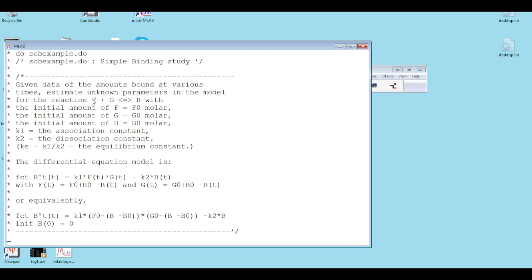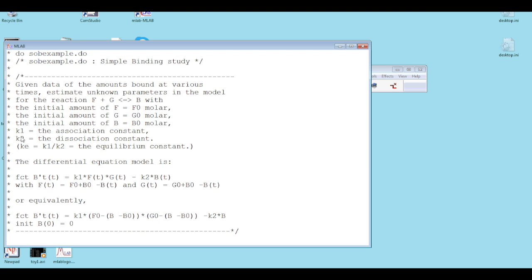Now, this reaction, F plus G goes to B, has an association constant, K1, which says how much the F and the G like to stick together to form a B. And there's another constant, K2, called the dissociation constant, which says how much a B molecule likes to come apart into an F and a G. We won't say anything here today about the units of these numbers, but suffice it to say they are very important numbers.